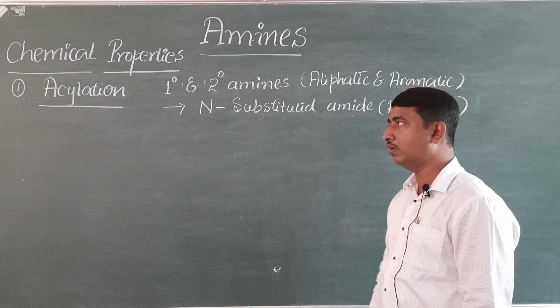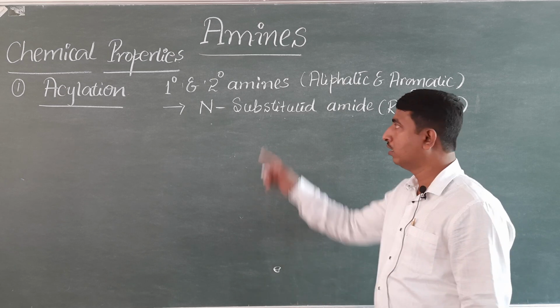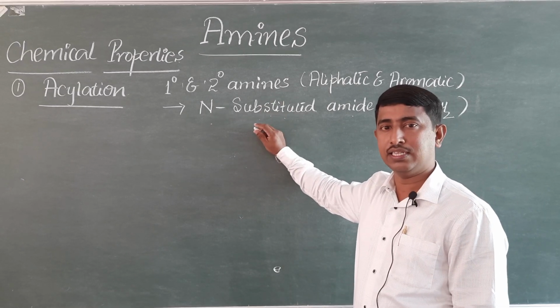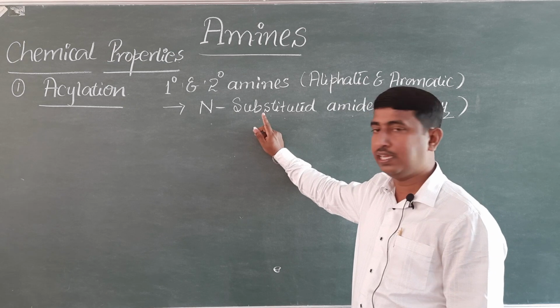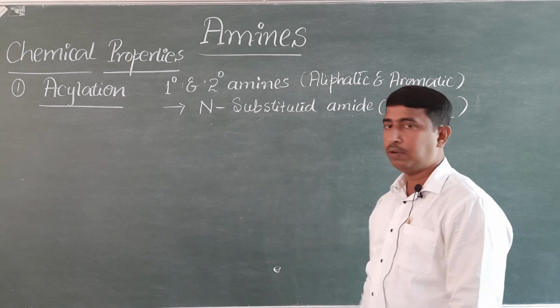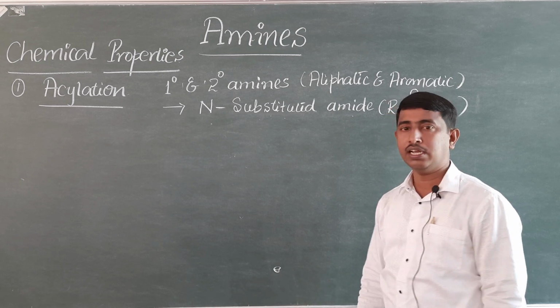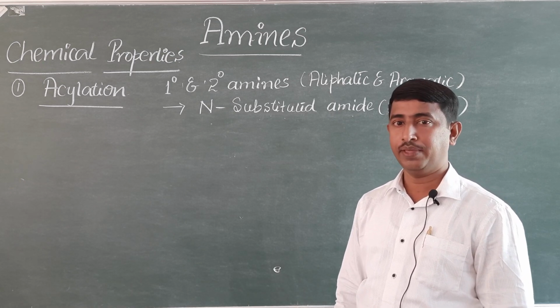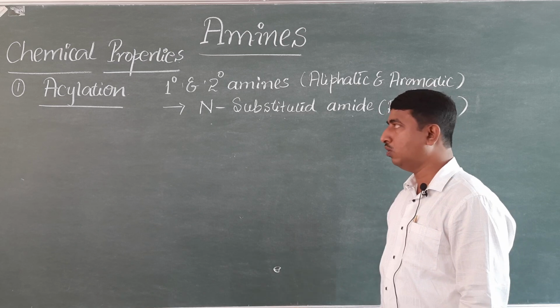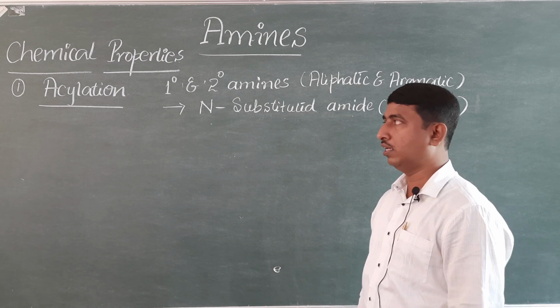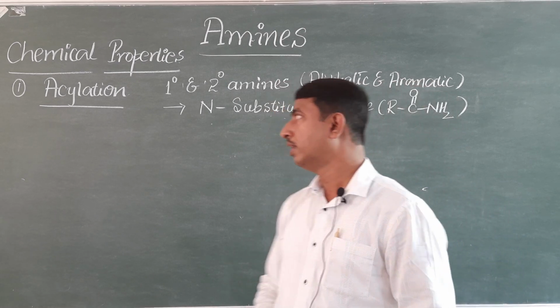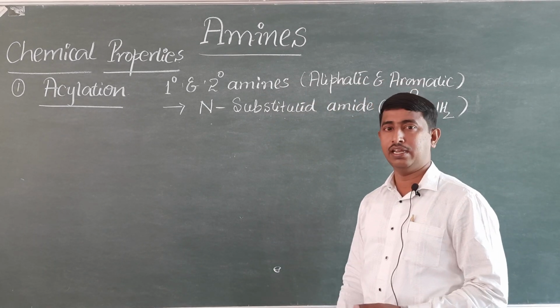There are 2 hydrogen atoms, so we can replace hydrogen. The functional group of secondary amine is NH, so again there is a hydrogen atom we can replace. What about tertiary? The functional group of tertiary amine is only N. There is no hydrogen. Since there is no hydrogen in tertiary amine, it cannot undergo acylation.